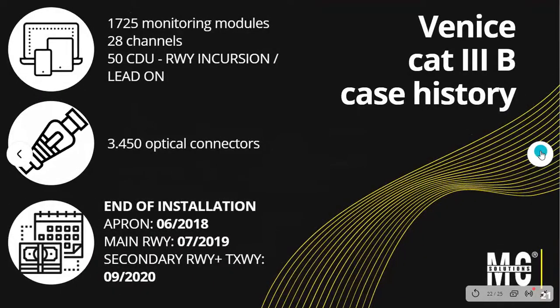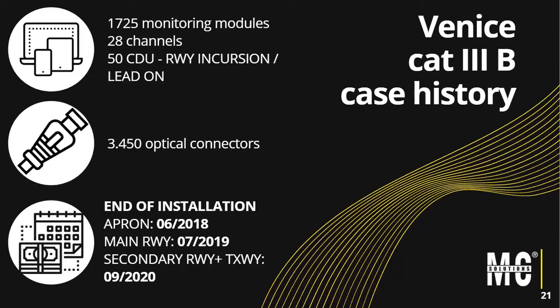So, as I promised you before, our most complete case history: 1,725 monitoring modules on 28 channels. You see 50 CDUs. We have 3,450 optical connectors, and you are probably asking yourself, yes, but when and for how long have you tested the installation?